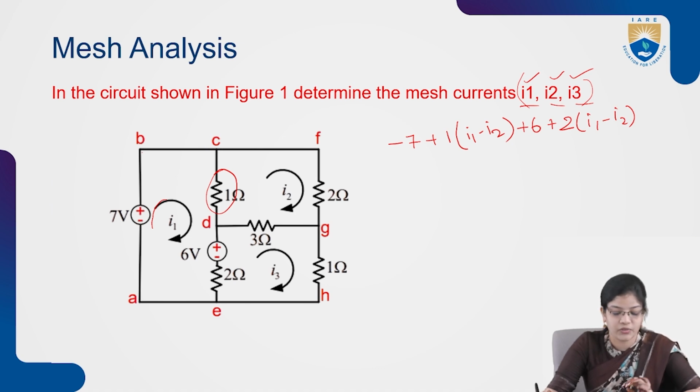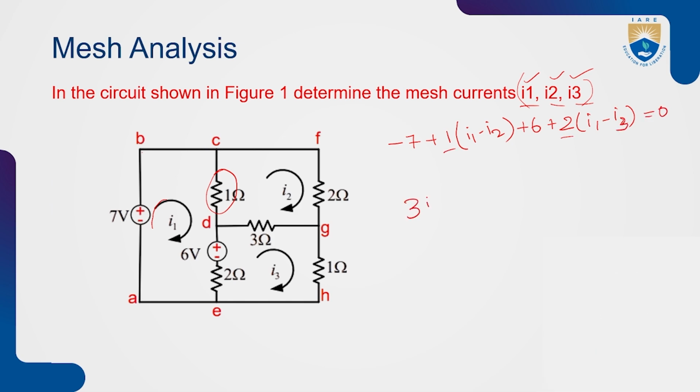If I am taking the third mesh, it will be I3 minus I1, equals 0. 3 of I1 minus 1 I2 minus 2 I3, and -7 plus 6 will be equal to 0.